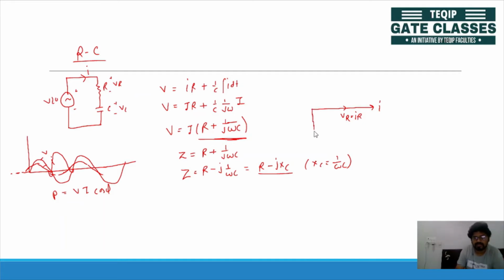So your VC will be somewhere here and it will be equal to I into XC, XC means 1 upon omega C. Let's shift this vector VC, then your resulting voltage will be somewhere here V, and this will be your resulting power factor angle. So here your current is leading by some angle phi.